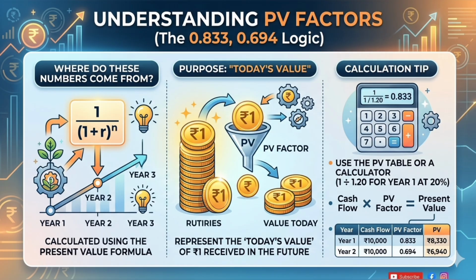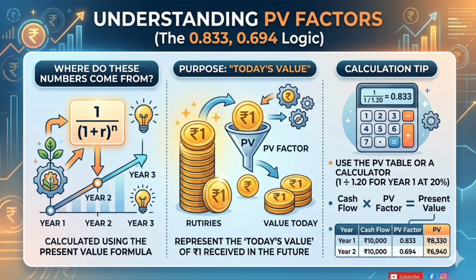Here, if the cash flow is 1 rupee, then after 1 year, the present value factor shows what will be the present value of that 1 rupee after that 1 year. And if we are expecting 20%, the R here will be 0.20. For the first year, the power n will be 1, and for the second year, n will be 2.